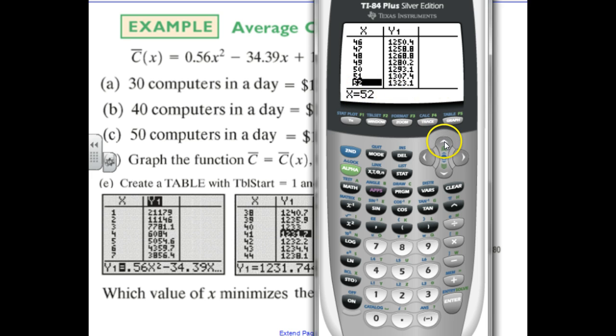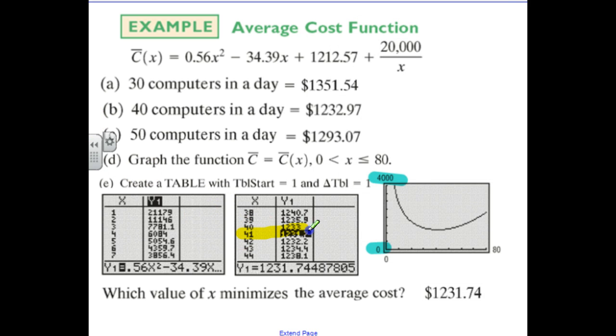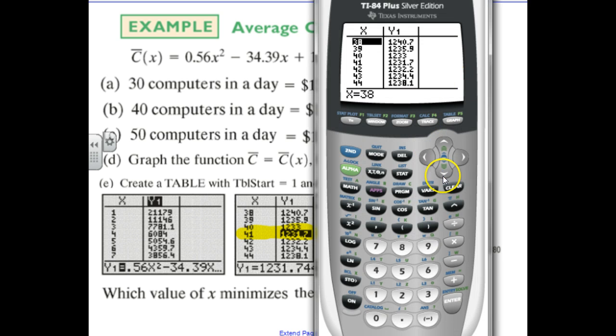So now I'm back up in the 13. So somewhere around the 40s, I think around the 41, I'm peaking right here at a solution. If I let x be 41, I get 1231.7.